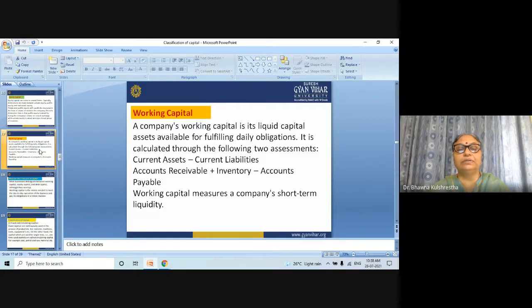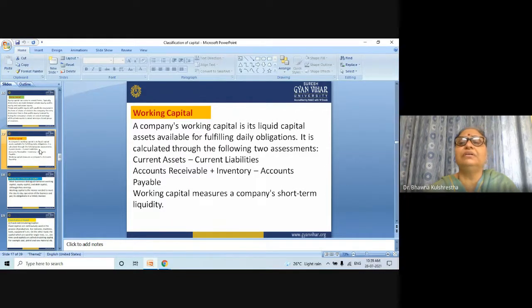Current assets include accounts receivable and inventory, and the minus is accounts payable. Working capital measures a company's short term liquidity.